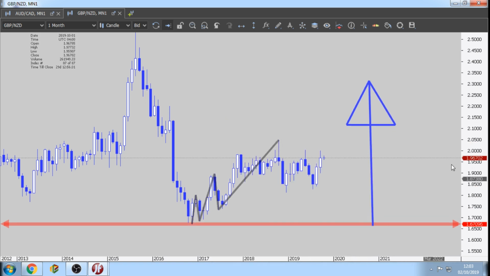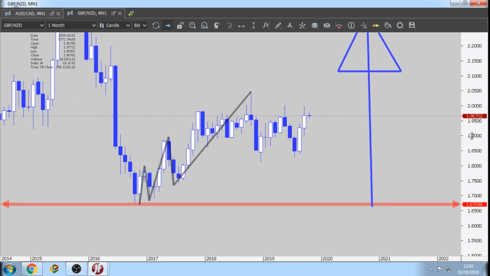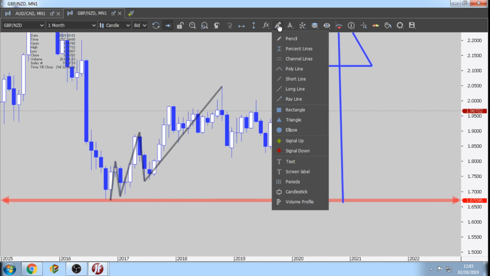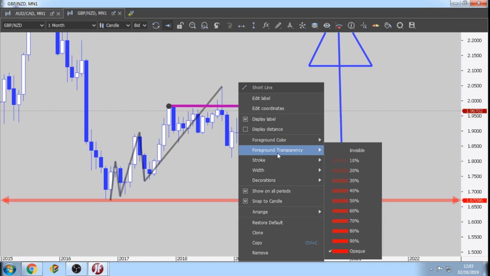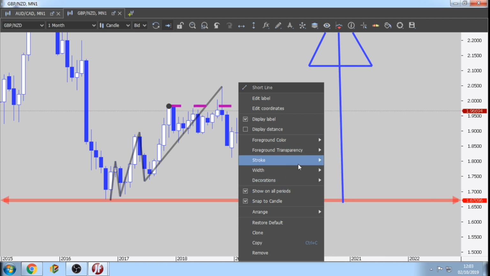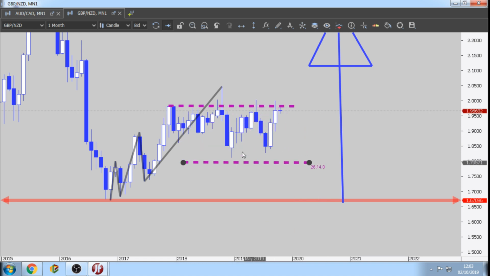And then on the smaller scale, what can we see? We have a confirmed channel, and let's color code this in violet, something like this, clone, and this is the channel. And it's confirmed, everybody, because it touched this to this to this.